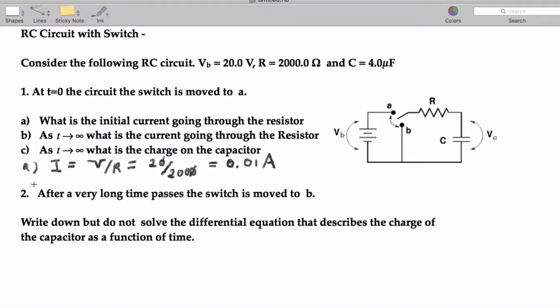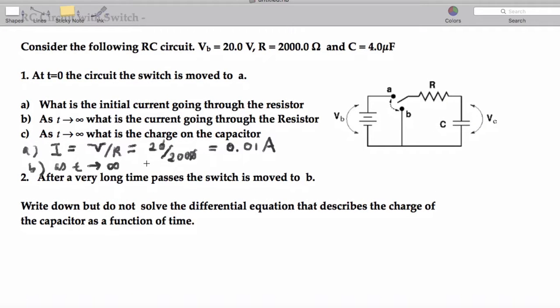And then at time equals infinity, as t goes to infinity, the capacitor gets filled up with charge, and there will be absolutely no current going through the circuit. So I is 0.